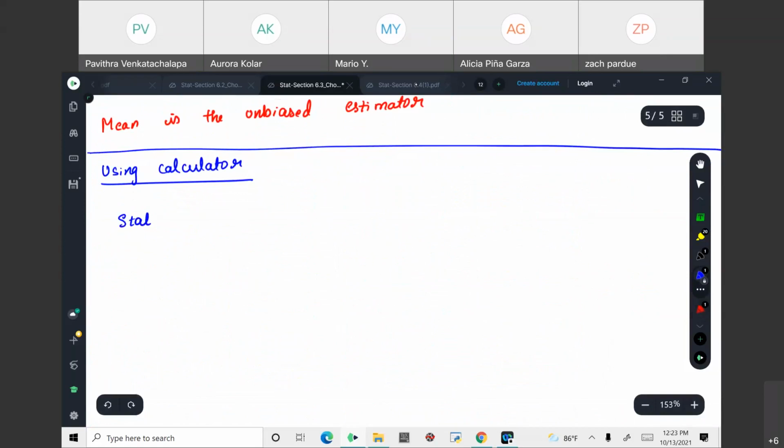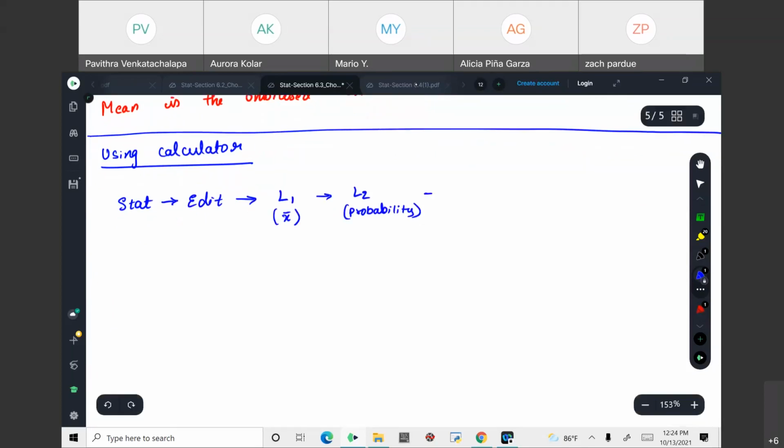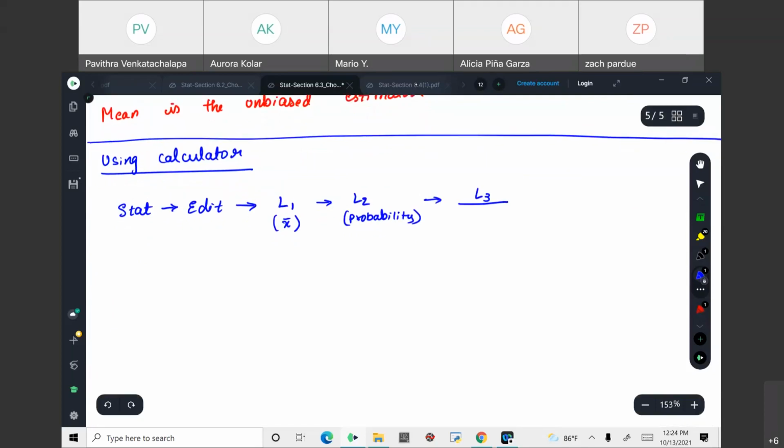In the calculator, you can click on stat, edit, then you can enter the X bar in L1, and in L2 you will enter the probability values. And then in L3, you need to compute the product of these two. So here you will enter the formula L1 multiplied with L2.